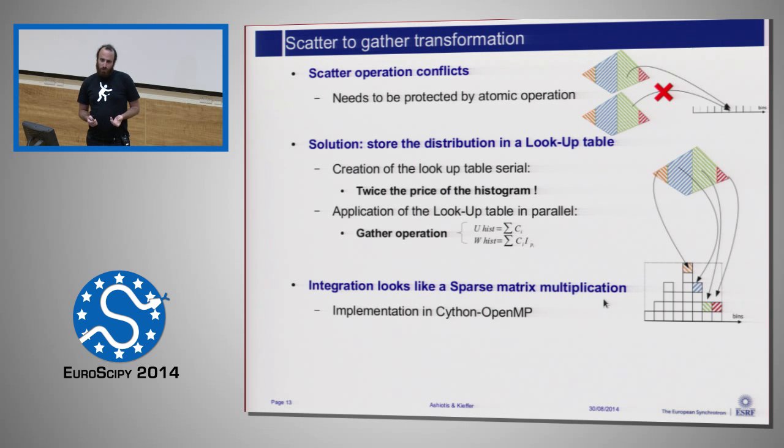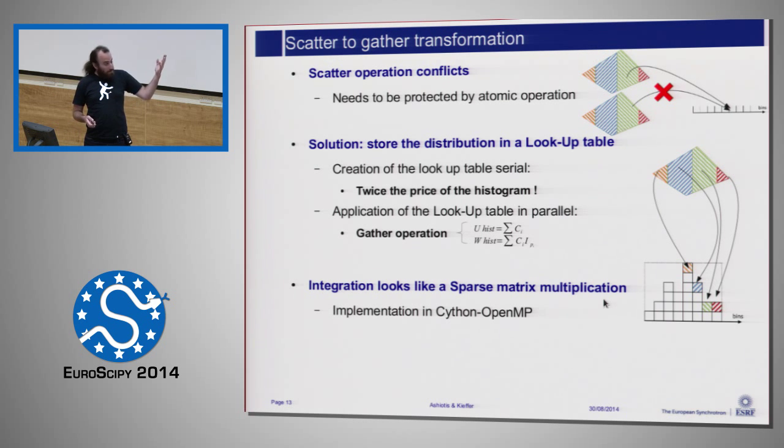This operation, unfortunately, requires twice the time as normal histogramming. But we chose to use this because the lookup table can be reused on several images that share the same experimental configuration. The lookup table creation is done in Python on a single thread, but there are also plans to port it to OpenCL on GPUs.